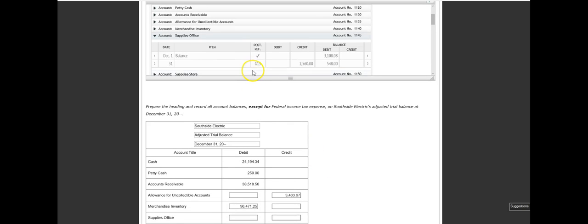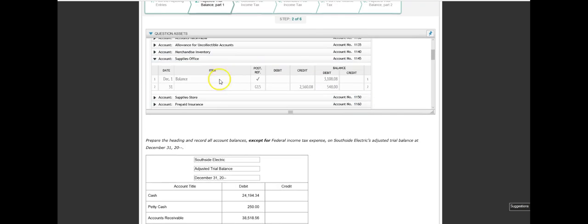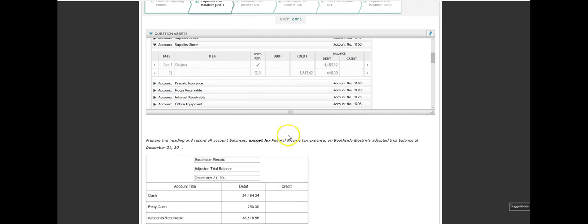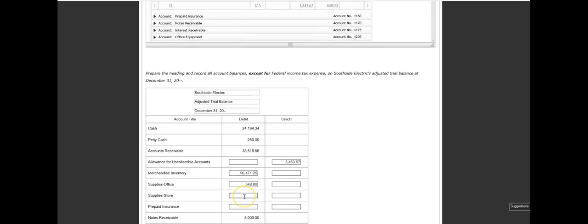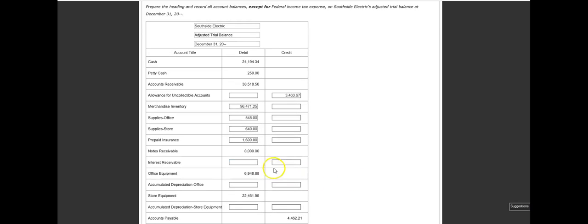Supplies office, 548. Supplies store, 640. Prepaid insurance, 1,600. Okay, that's good.